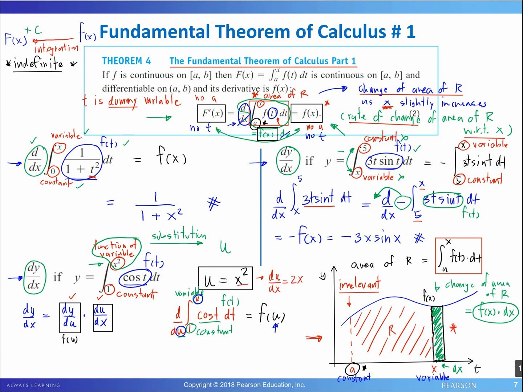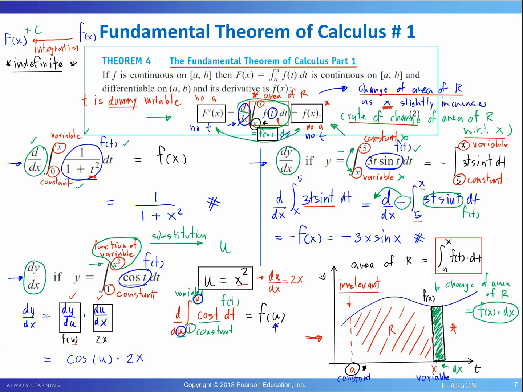Just differentiate this, you get 2x. So at this point, we have f of u. f is the same function, which is cosine, but now the variable changes to u. So we have cosine of u times du by dx, which is equal to 2x.